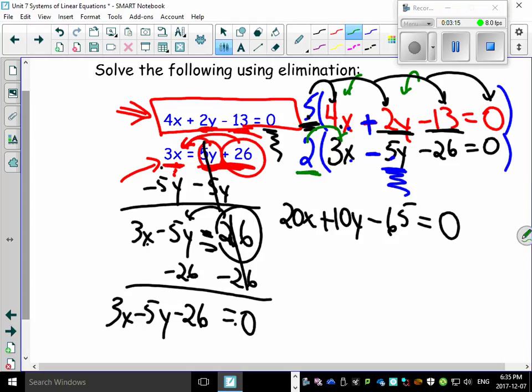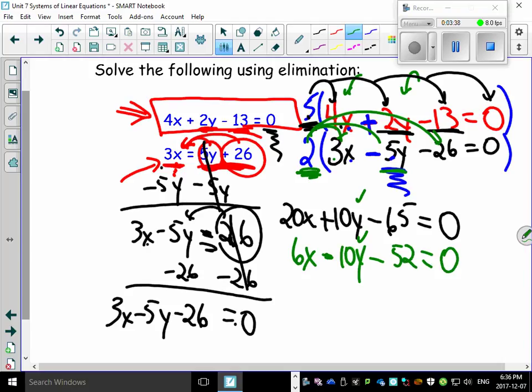Same thing. 2 times 3x is going to give me 6x. 2 times minus 5y is, look, there it is, minus 10y. These two match, so when I add them together, they're going to be eliminated. Aha! Now let's go to this. 2 times minus 26 is going to give me minus 52 equals 0.